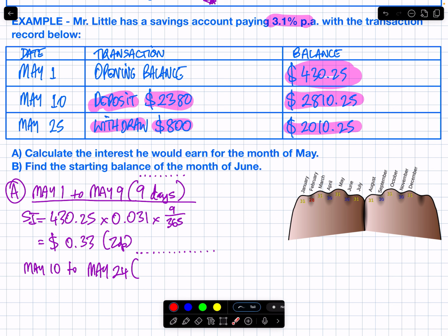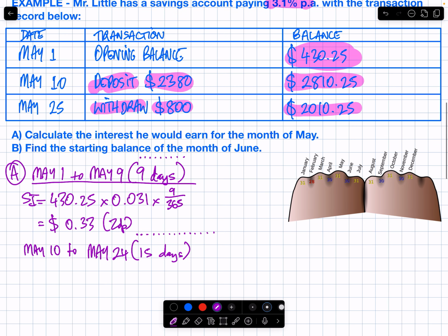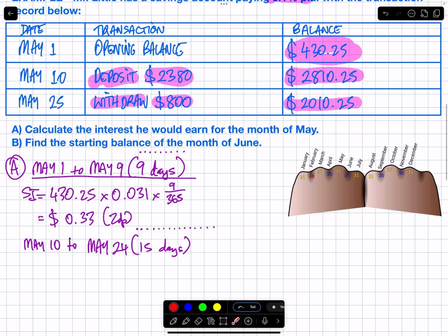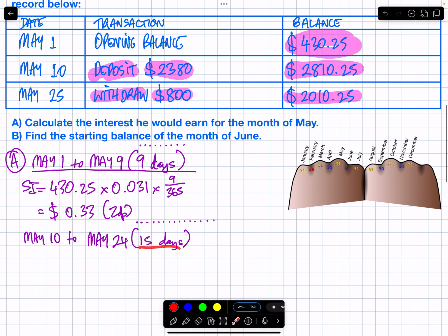How many days inclusive is that one? 15 days. So again, trying to show you why it's fine to count with your fingers, because if you try to do a shortcut, 24 take 10 is actually going to give you 14, which isn't the number of days if you're being inclusive of the days.